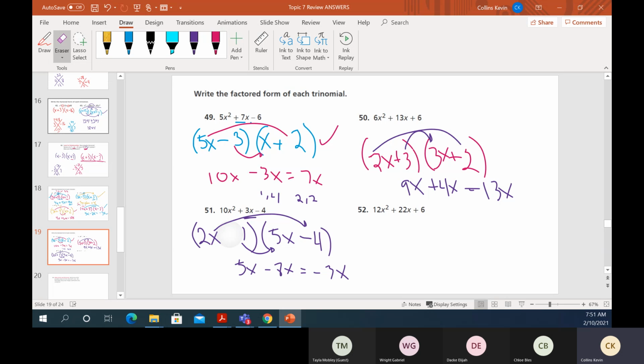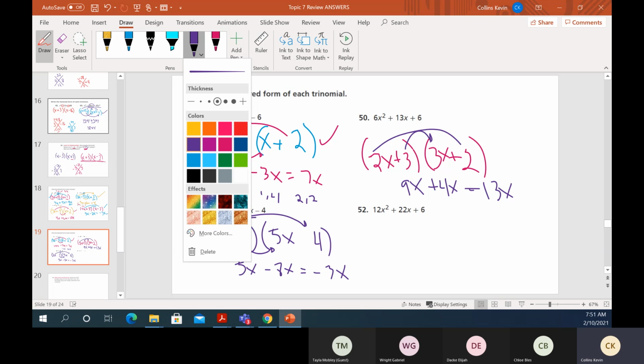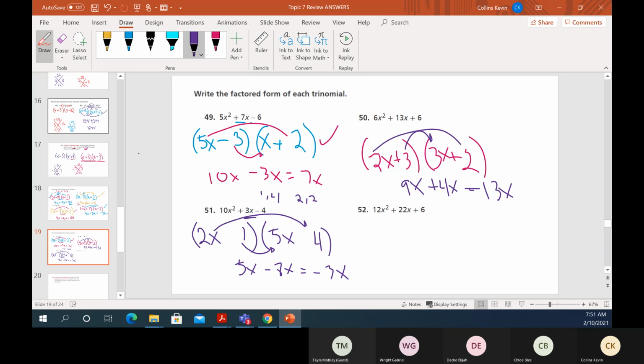Not so subtle hint. So what should we change? Yeah, just change the signs, right?